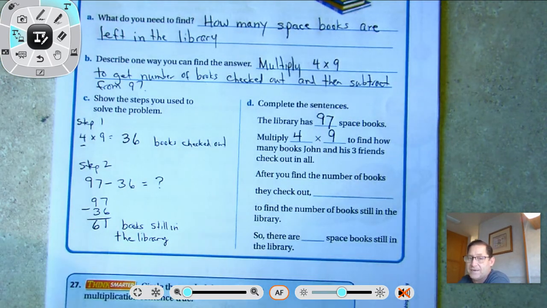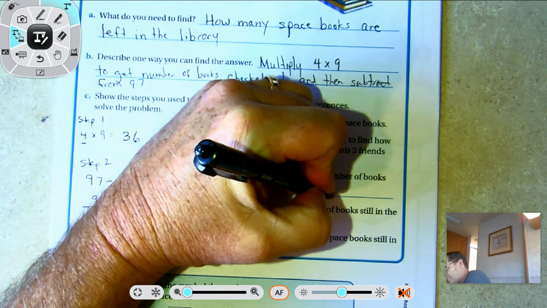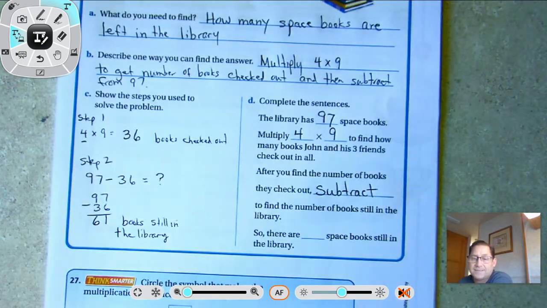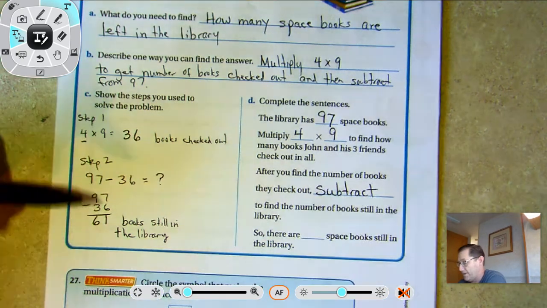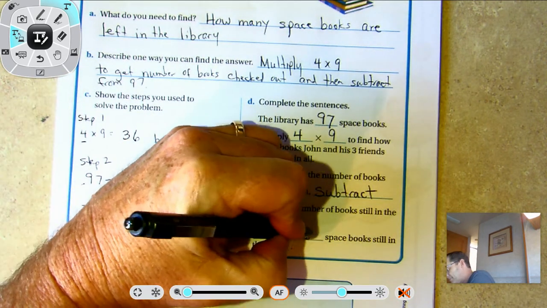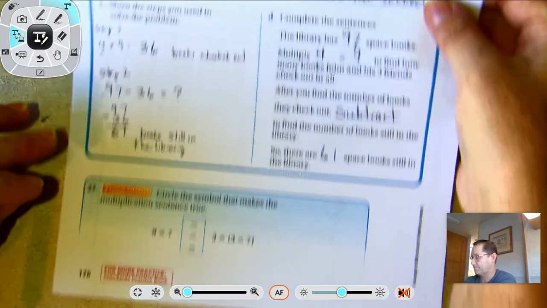They each checked out 9 books. After you found the number of books they check out, we subtracted to find the number of books still in the library. So subtract to find the number of books still in the library. And so there are 61 space books still in the library.